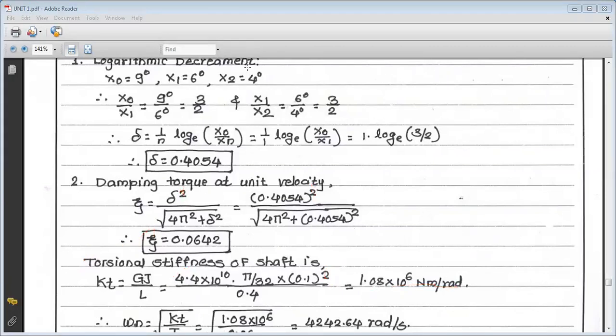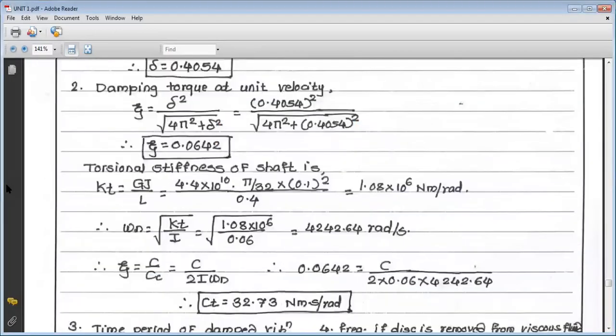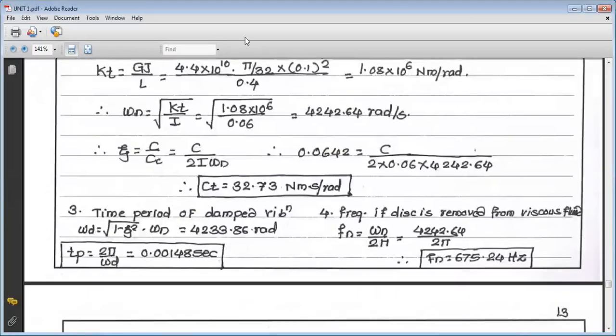So the value of omega n is equal to square root of KT upon I. So KT is 1.08 into 10 raised to 6, and the value of I is 0.06. So from that, the natural frequency is 4242.64 radian per second.